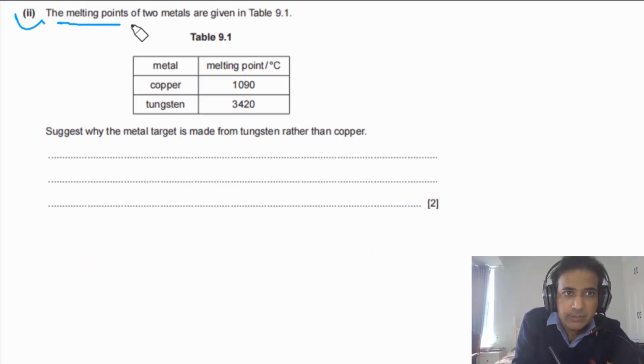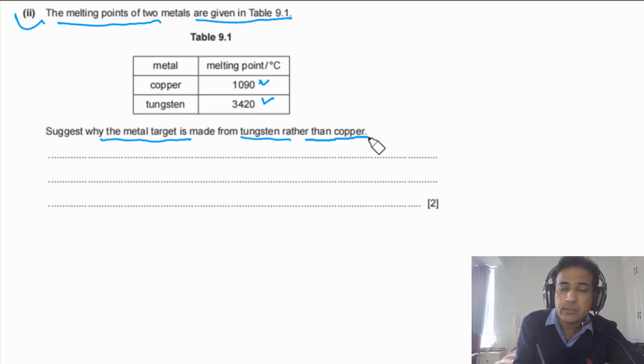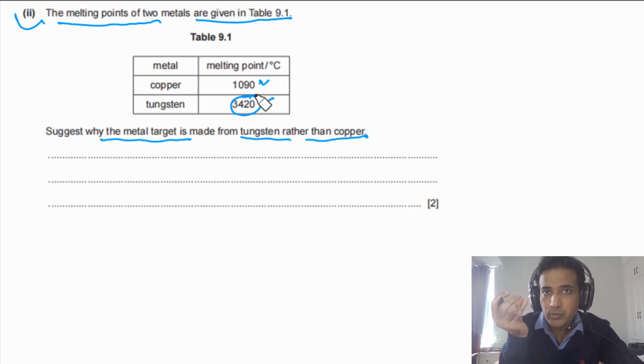The second part says the melting points of two metals are given in table 9.1. Copper melting point is given and tungsten melting point is given. Suggest why the metal target is made from tungsten rather than copper. Because the melting point of tungsten is much higher than that of copper, and during X-ray production a lot of energy is converted into thermal energy.